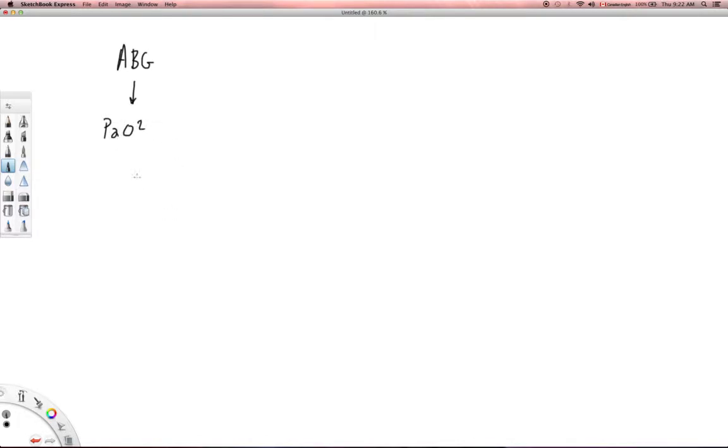The analytical test I'm going to be talking about today is the arterial blood gas, or the ABG, specifically an analytical value known as the PaO2. That's the partial pressure of oxygen.